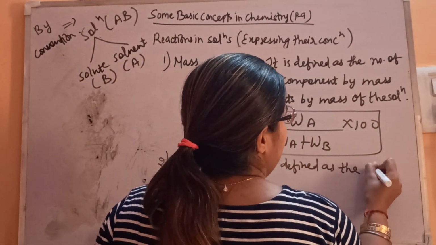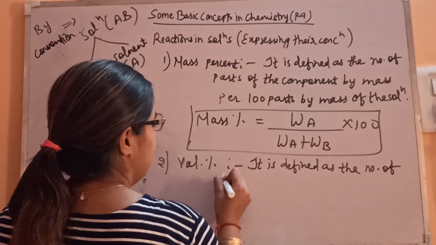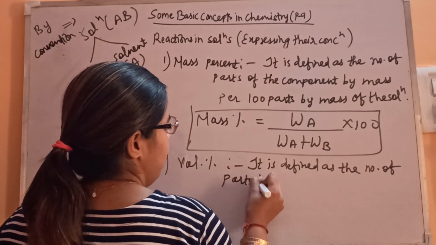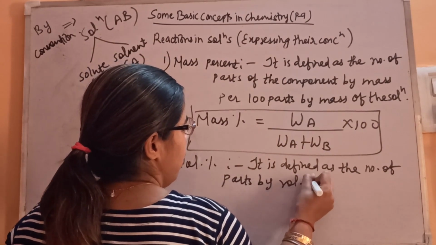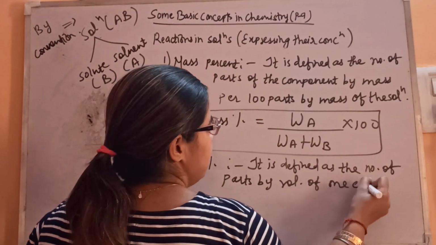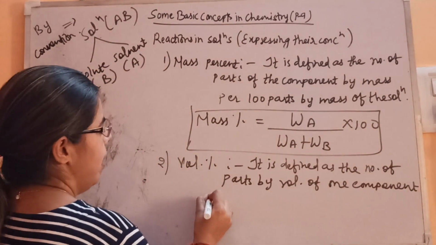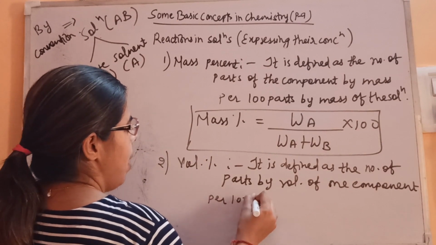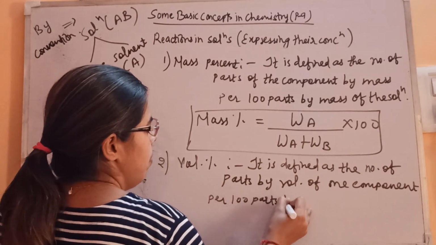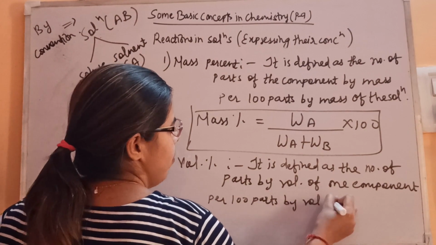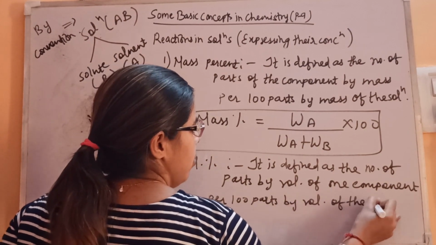It is defined as the number of parts by volume of one component per 100 parts by volume of the solution.